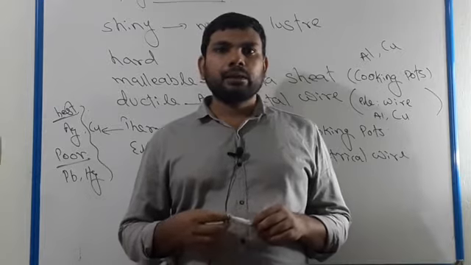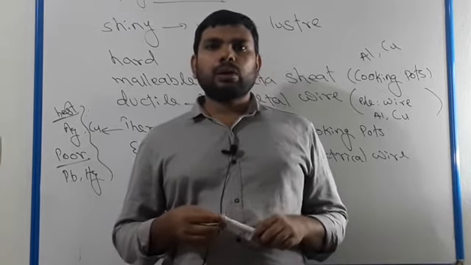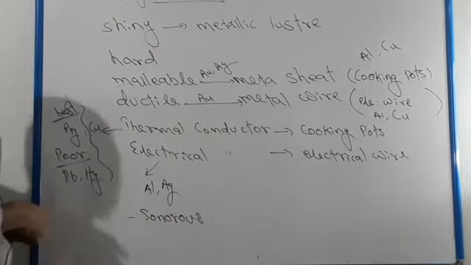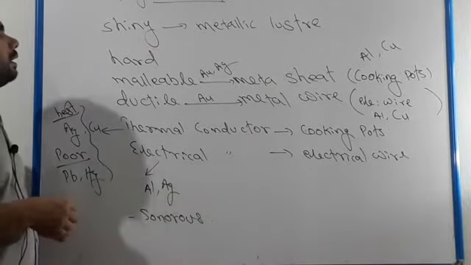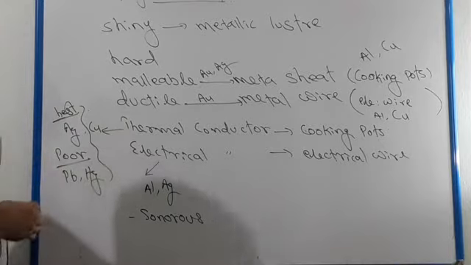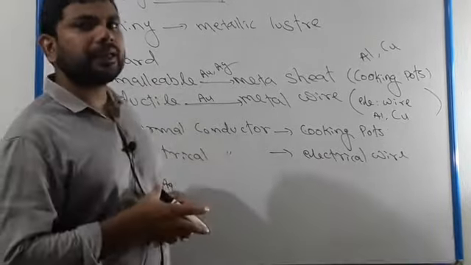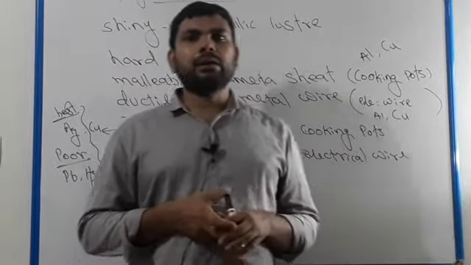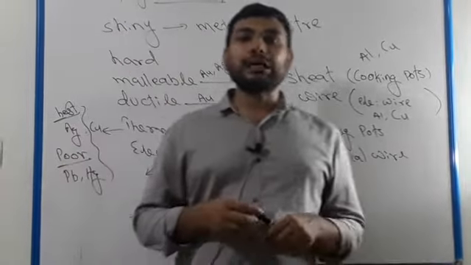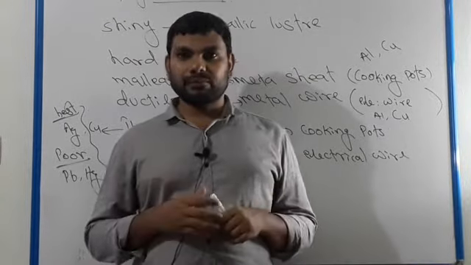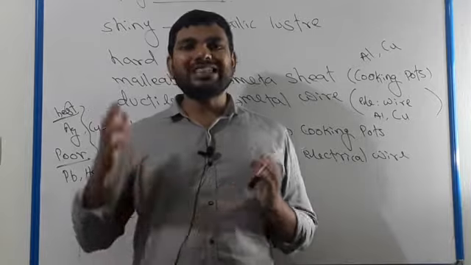Now come back here. Observing these pictures, we can say some physical properties of metals. I told you in the beginning, physical properties mean how the metal appears.